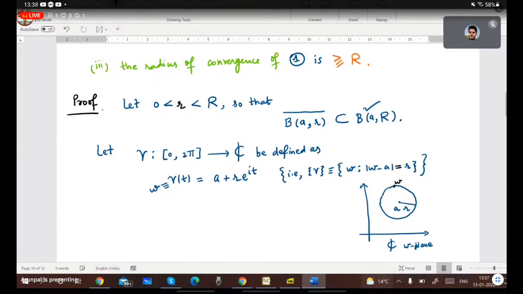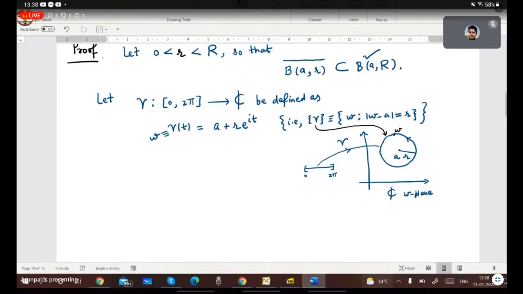Is this okay, class? And this is nothing but the trace of gamma. You know all this now. Basically, gamma is taking this onto this circle in the anti-clockwise direction. Is this okay, class? Yes, sir. Fine, good enough.